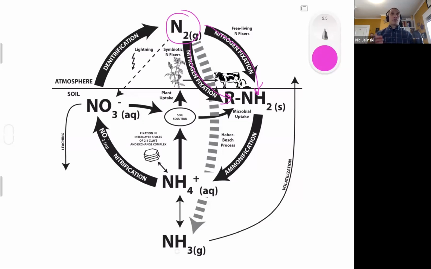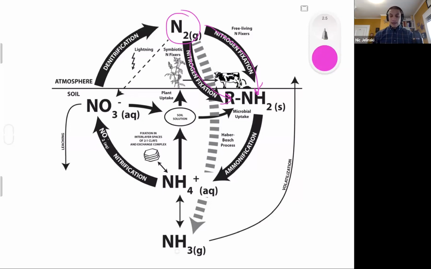That process is called nitrogen fixation. It's a biological process. There are microbes, both free living and symbiotic, that do this, and they use the enzyme nitrogenase to break the triple bond of nitrogen and then take that reactive nitrogen and incorporate it into their organic molecules, their structures, amino acids, proteins, etc.